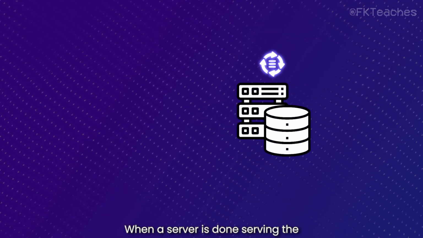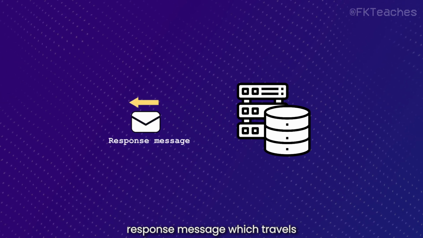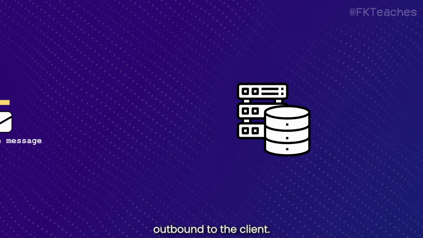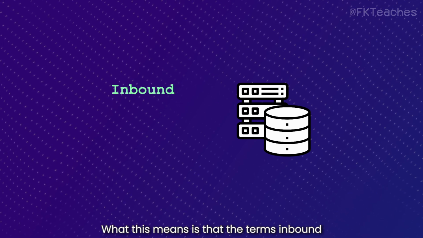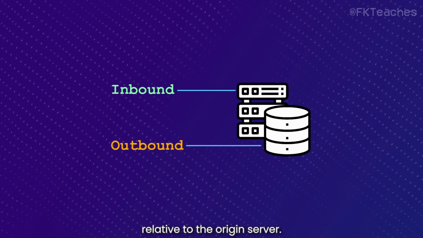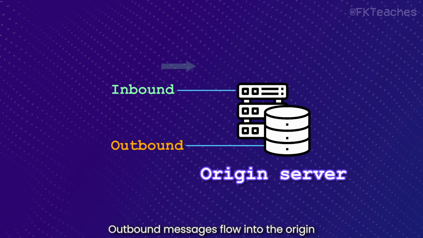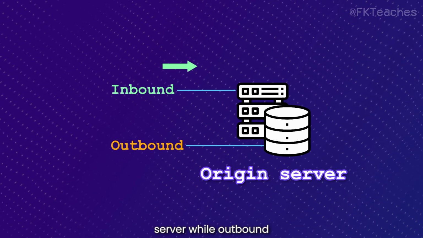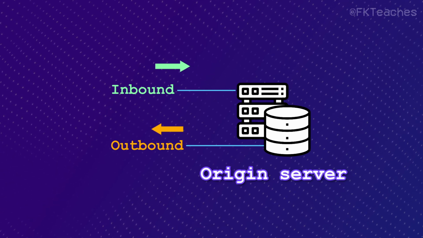When a server is done serving the request, it then sends a response message which travels outbound to the client. What this means is that the terms inbound and outbound are relative to the origin server. Inbound messages flow into the origin server, while outbound messages flow out of the origin server.